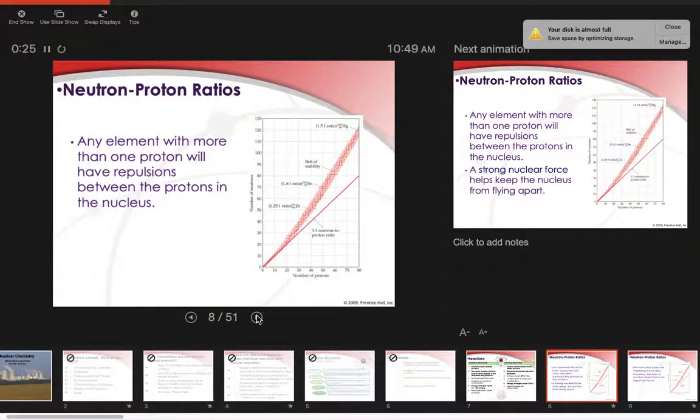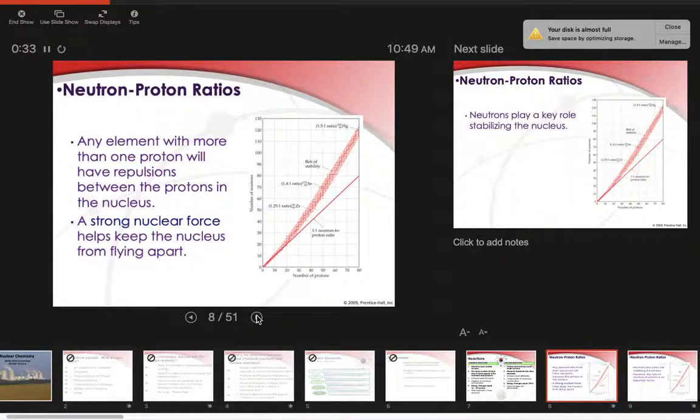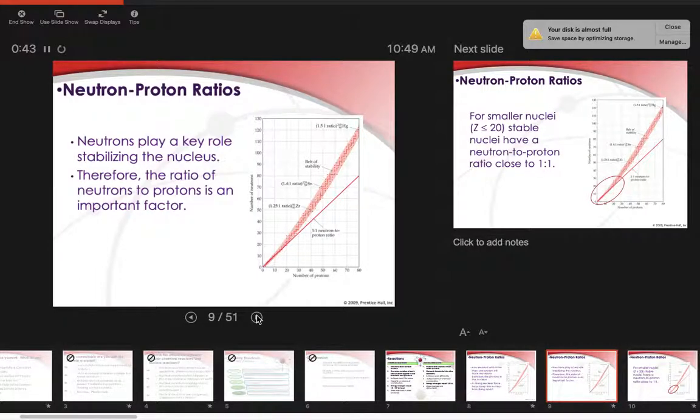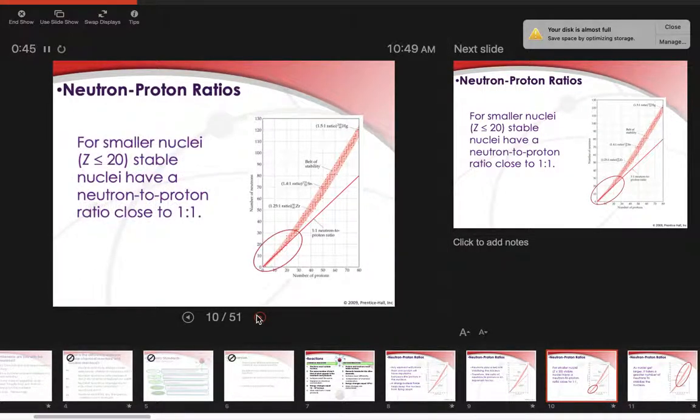Protons and neutrons have to stay in the nucleus somehow, and there's a strong nuclear force that keeps them there even though the protons are repelling each other, and it takes neutrons in the nucleus to keep them together. There's a belt of stability where the proton to neutron ratio is important, and if it gets out of whack, then they're going to automatically decay.